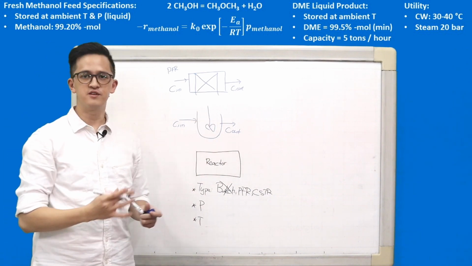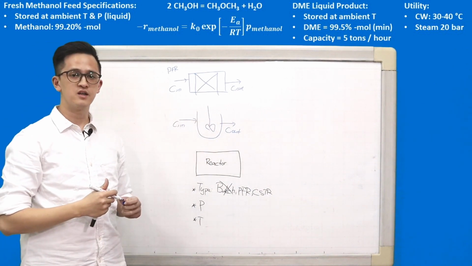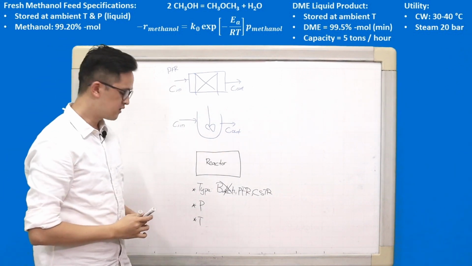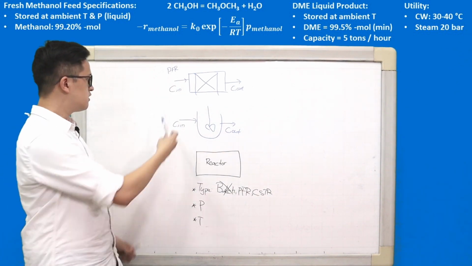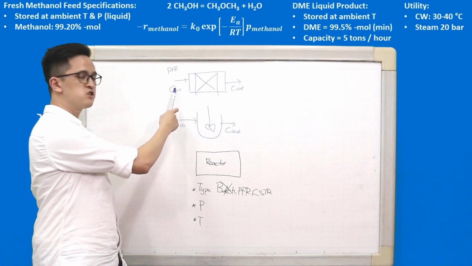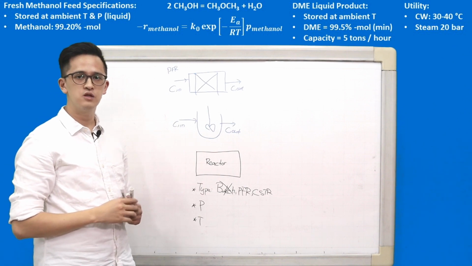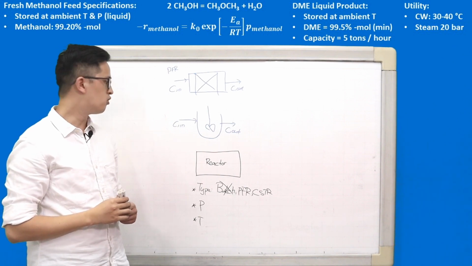So what's the difference? For the pipe reactor, the assumption is there will not be any mixing in the axial direction. In that case, you can imagine that we have the concentration of the feed entering at a very high concentration at about 99.2% mole of methanol.